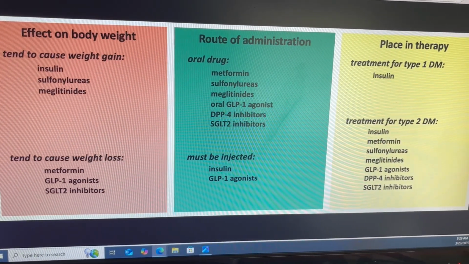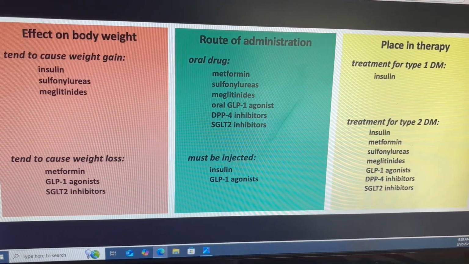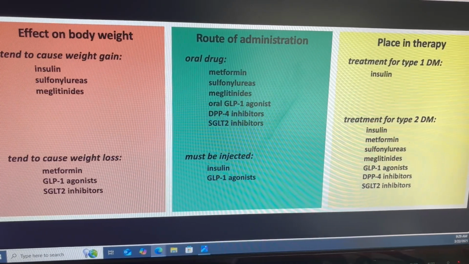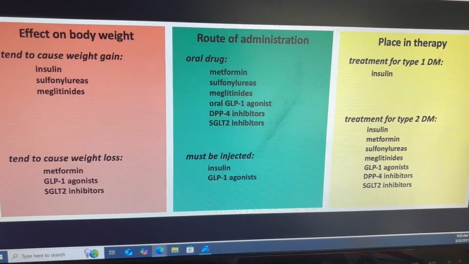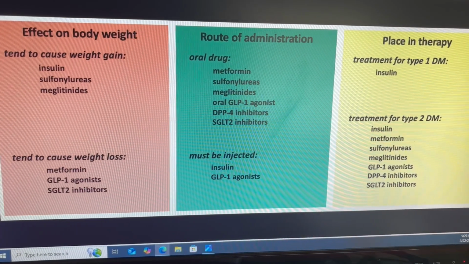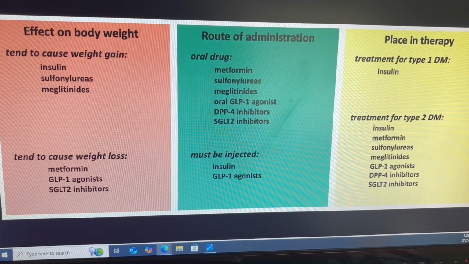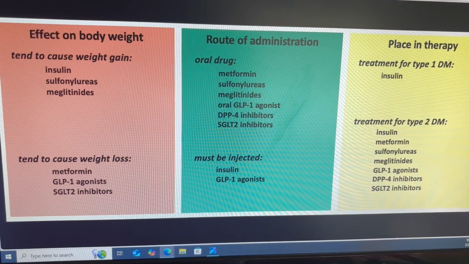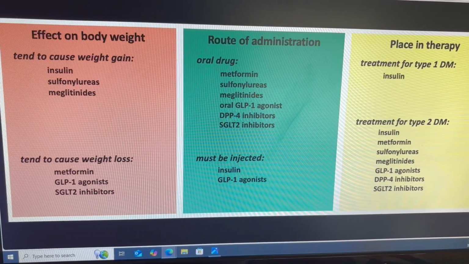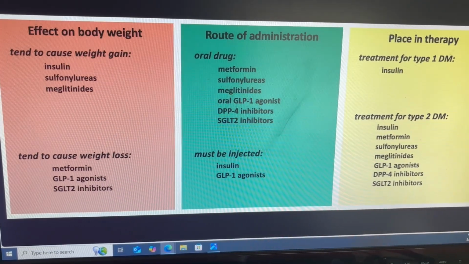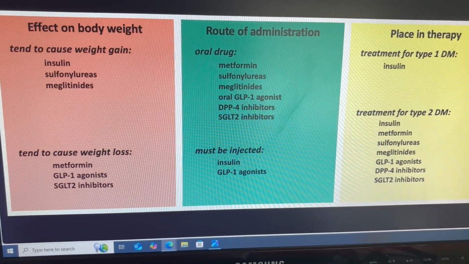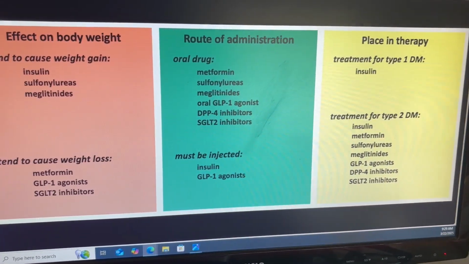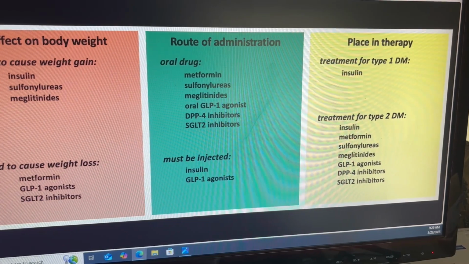The route of administration for the oral drugs is metformin, sulfonylureas, meglitinides, oral GLP-1 agonists, DPP-4 inhibitors, and SGLT2 inhibitors. The ones that must be injected are insulin and GLP-1 agonists. Their place in therapy.